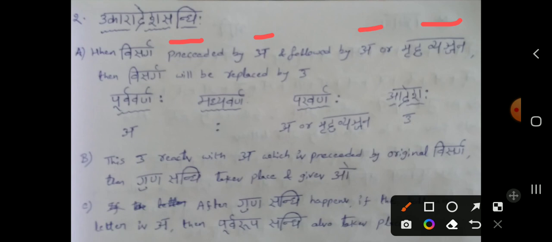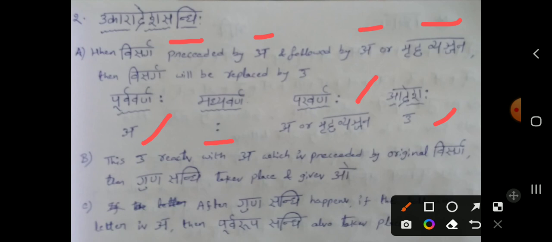When Visarga is preceded by the letter A and followed by the letter A or Mridu Vyanjana, then Visarga will be replaced by the letter U, that is left hand side replacement.